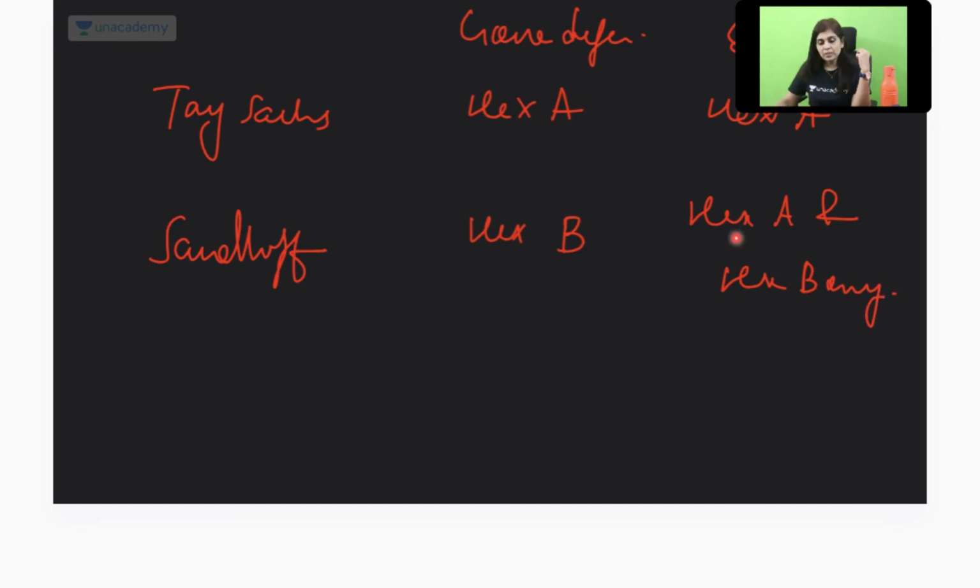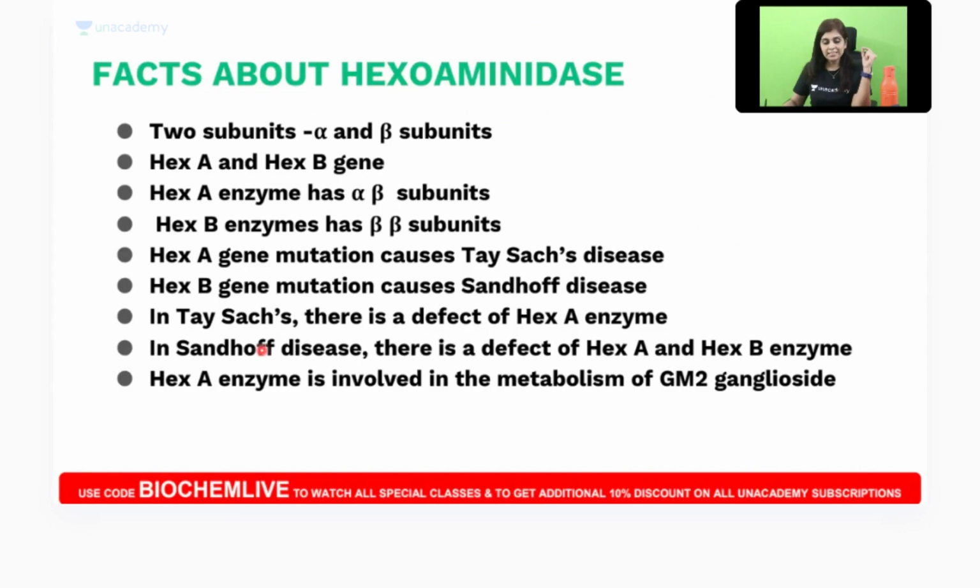And hexosaminidase A is related to metabolizing only GM2 ganglioside. Hexosaminidase A enzyme is involved in the metabolism of only GM2 ganglioside. So tell me what is expected in Tay-Sachs, wherein hexosaminidase A enzyme alone is defective. That will be accumulation of only GM2 ganglioside.